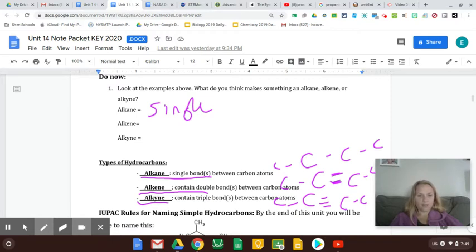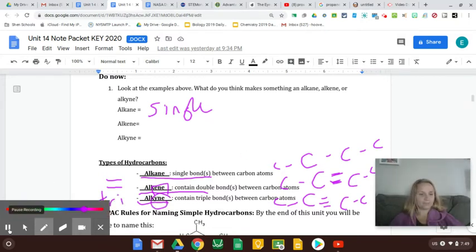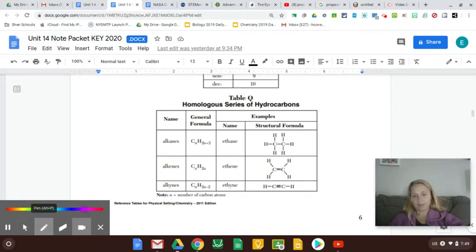So the way I remember it is alkene, that double bond kind of looks like an equal sign to me, like alkene, I don't know, equals. And then alkyne, the yne kind of reminds me of tri for triple bond. You do not have to memorize that, though. You probably will by the end of it, just from using it so much. But there is this chart.